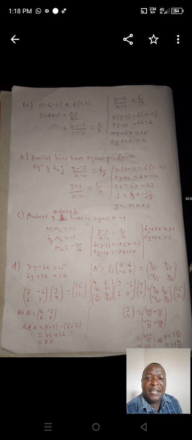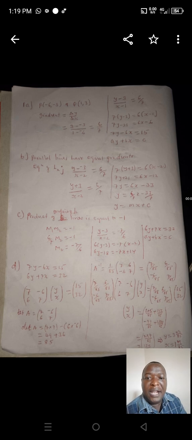So we take the y ordinate of Q minus the y ordinate of P over the x ordinate of Q minus the x ordinate of P. So in this case we take (3 - (-3)) over (1 - (-6)), and this gives us 6 over 7.